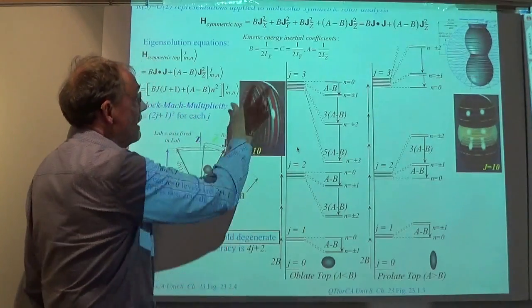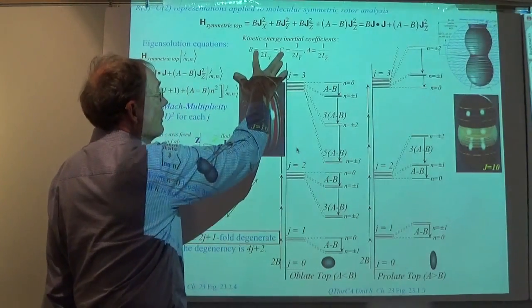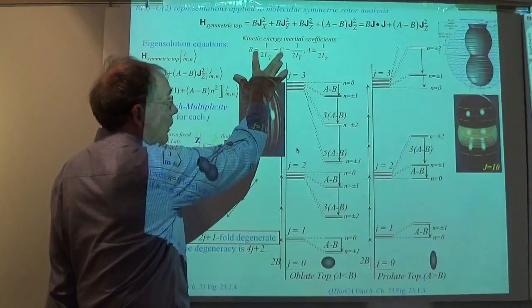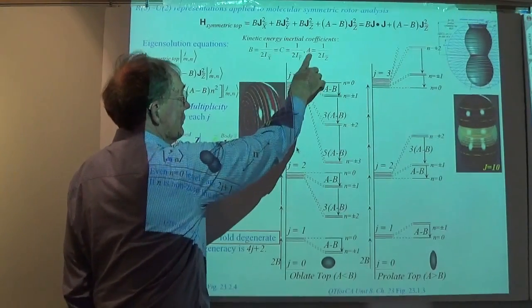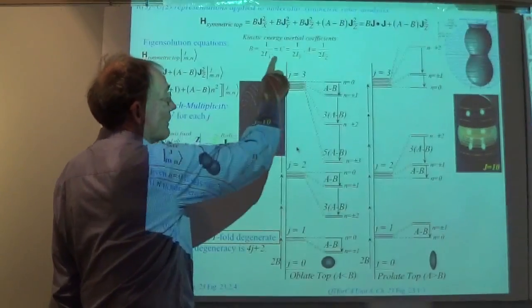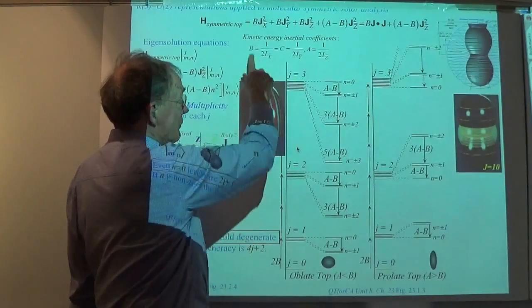And that is a top whose two inertial constants are equal, and the other one is either greater than or less than these two here.